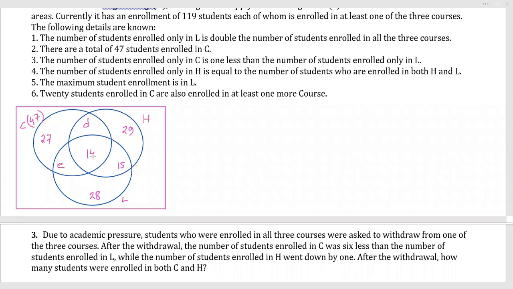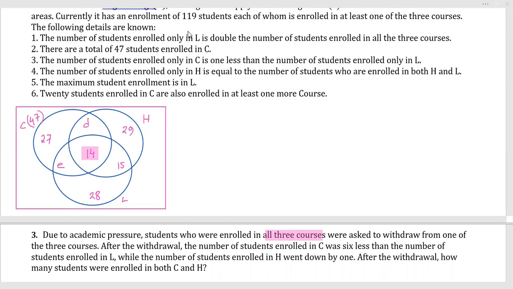Now let us get into question number 3, where some additional information is given for the given set. Due to academic pressure, students who were enrolled in all three courses, that means this given 14, were asked to withdraw from one of the three courses. That means they are enrolled in all three, and from one course they need to leave, so they would remain in two courses.